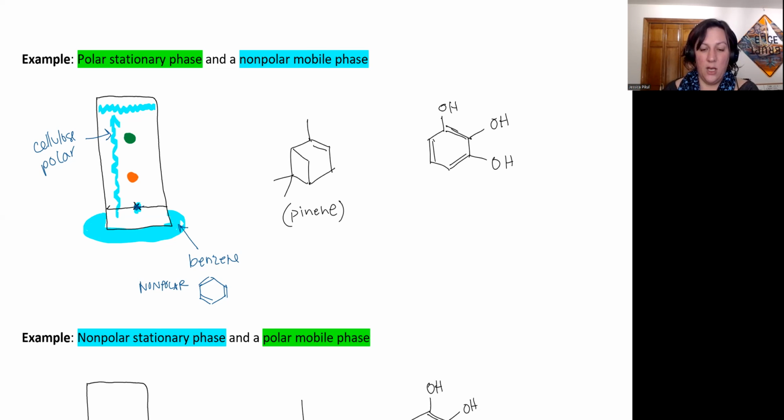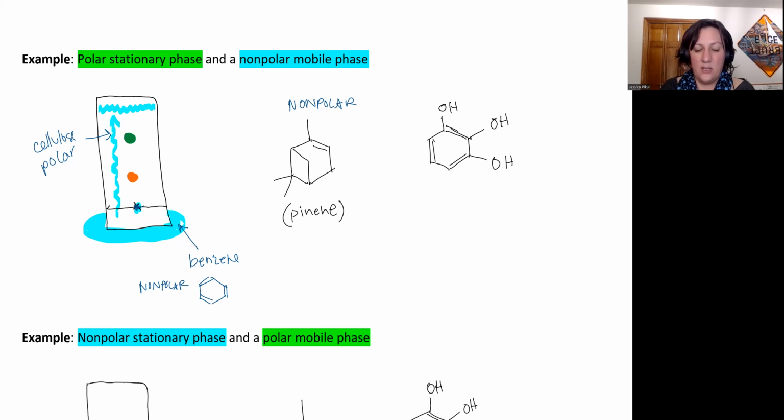So I have 2 compounds that we'll pretend we're in a mixture together. Pinene, which is a terpene, and it's all carbon-carbon bonds and carbon-hydrogen bonds. So we would expect it to be a non-polar compound. And I have another example here where this is a benzene ring with 3 alcohol groups, oxygens bonded to hydrogens.